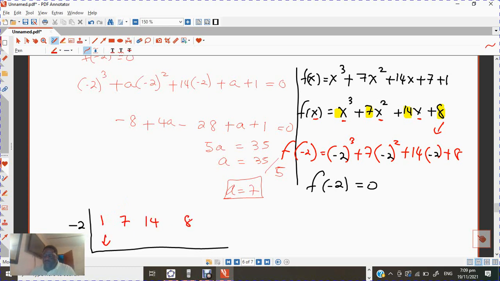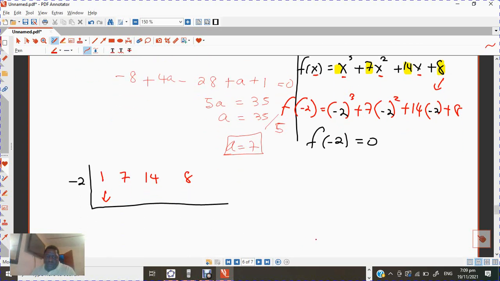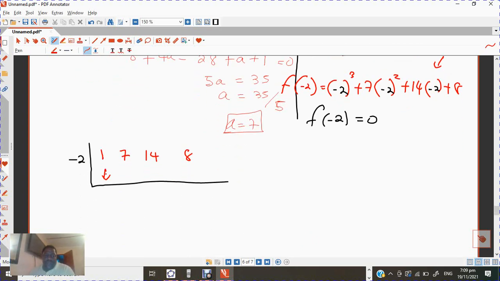The first thing you do is bring the 1 down. Then -2 times 1 is -2, and 7 minus 2 is 5. You multiply, that's -10, which gives you 4. Then -2 times 4 gives you -8, and obviously that gives you 0.